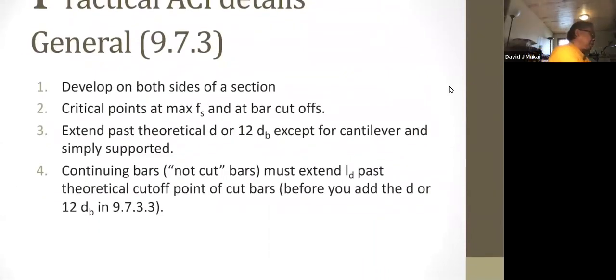So you don't even have to, there's nothing to do. Did you check at the maximum moments? Of course we checked. Did you go an extra D or 12 bar diameters past the theoretical? Yes, we did that. Did you do that thing where the bars you're not cutting have to be at least LD from the theoretical place of the, we did all this already.